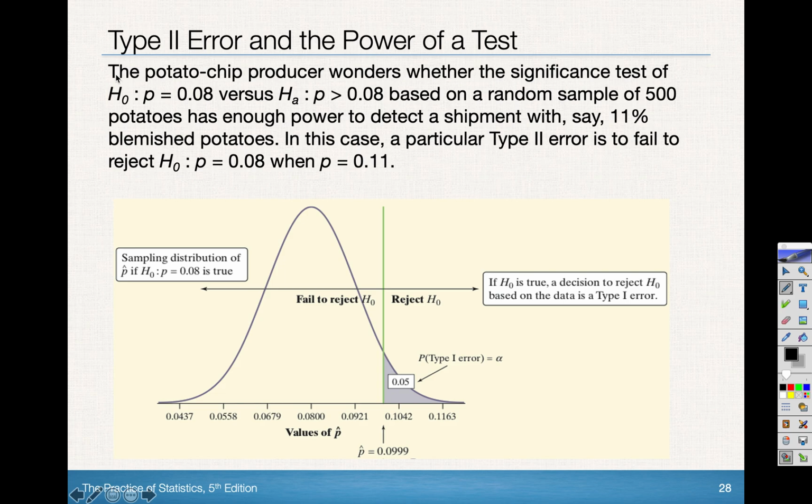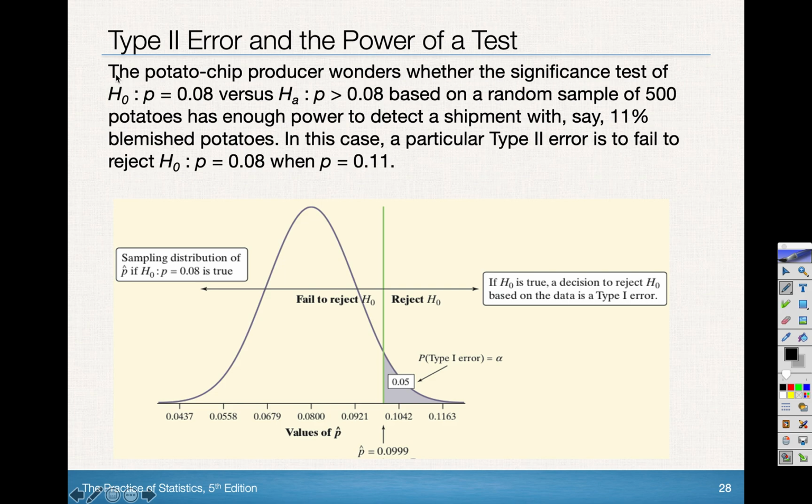So here's our example. The potato chip producer is claiming that 0.08 or 8% of the potatoes have blemishes. Anything bigger than that, they're going to reject the null hypothesis. So let's say that the truck driver coming in knows that the truckload has 11% blemished potatoes.